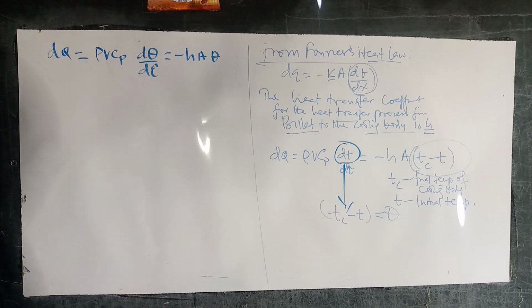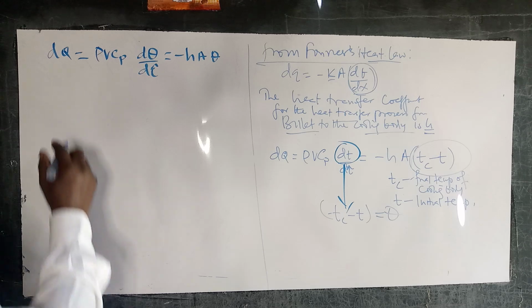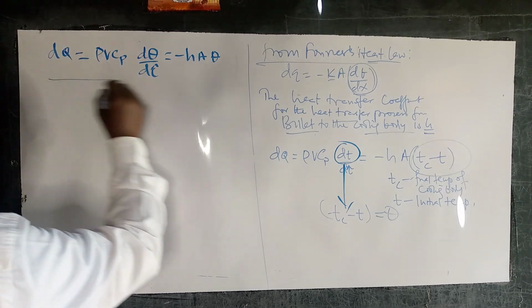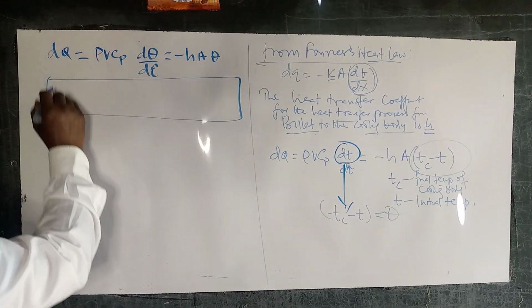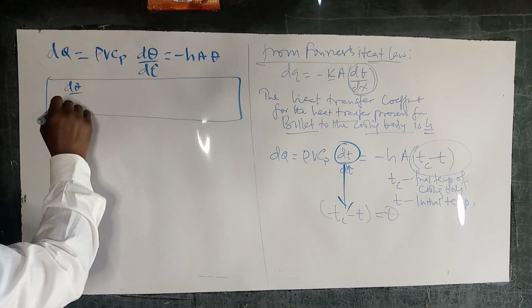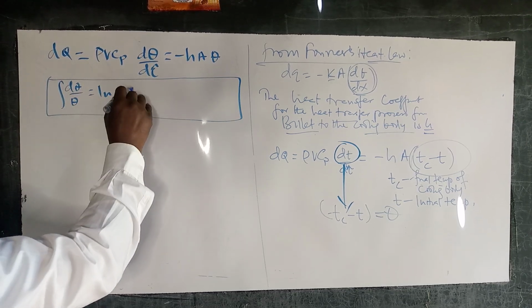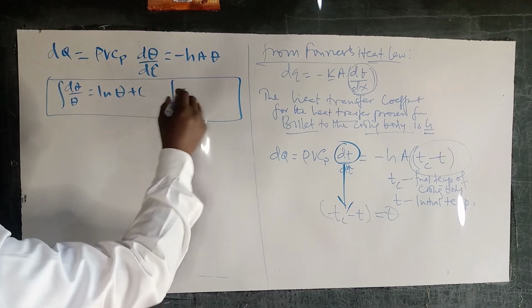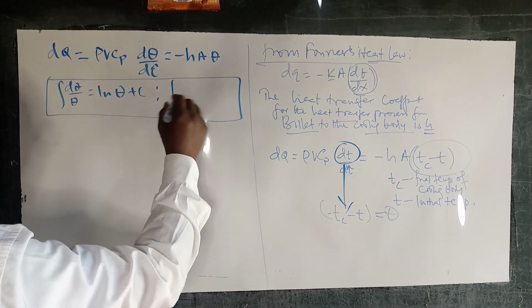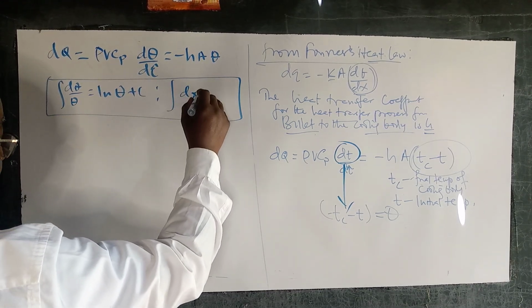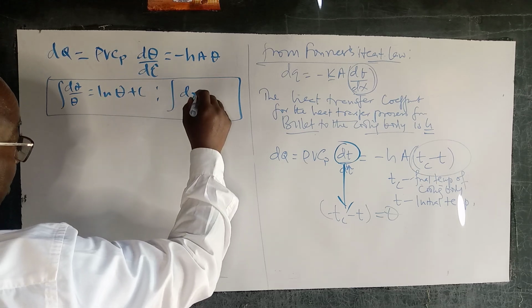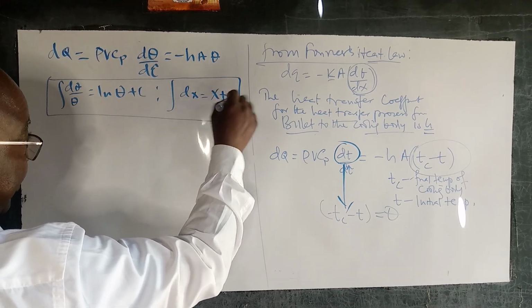So if we rearrange these equations and integrate, I'm going to use several identities. I encourage you to look at our earlier lectures. We say the integral of d theta over theta is the natural log of theta plus c. And also, if we have the integral of dx, that would be x plus c.